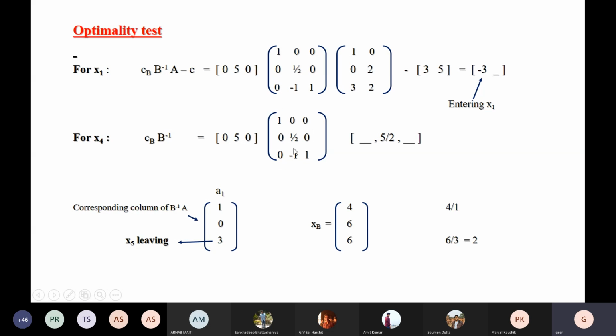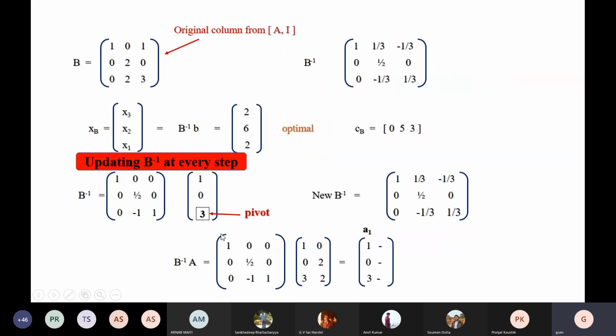This was the B inverse, and we had chosen x5 to leave, with the column 1 0 3. So 3 is the pivot element in our table. This is the old B inverse, and these 3 is the pivot element corresponding to the leaving basic variable x5. In the simplex table, you try to make the pivot element 1 and the remaining elements 0.